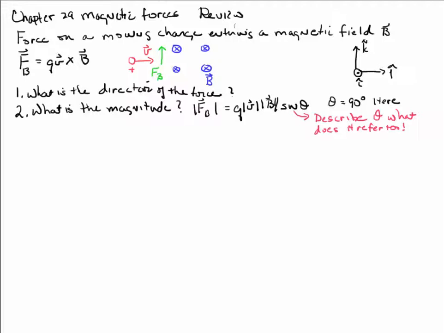Now, what is theta? Once again, pause the video and tell yourself what theta means. Of course, theta is the angle between the velocity and the magnetic field B. Here it is 90 degrees as we have drawn it.